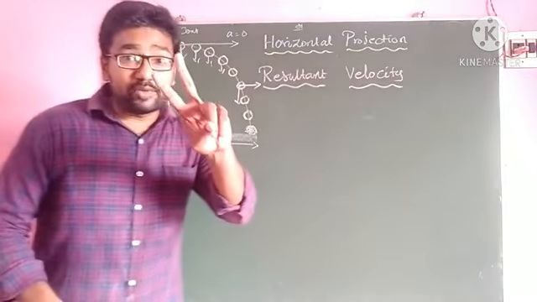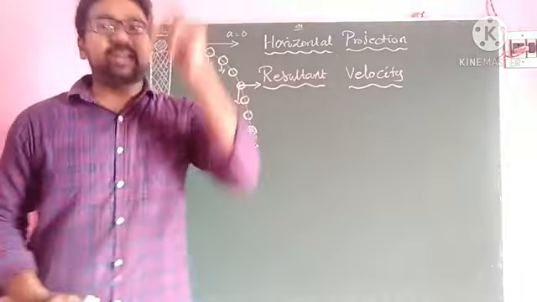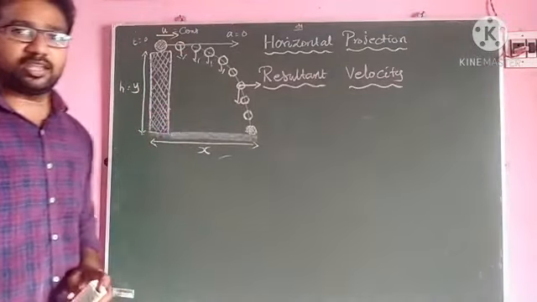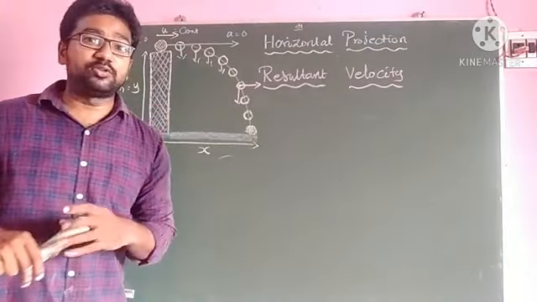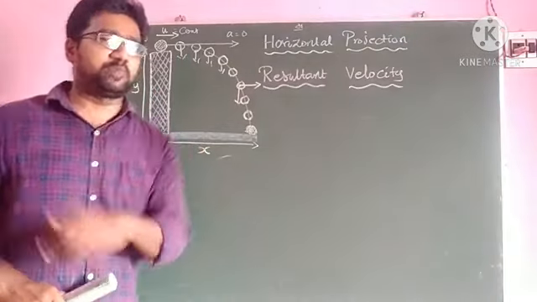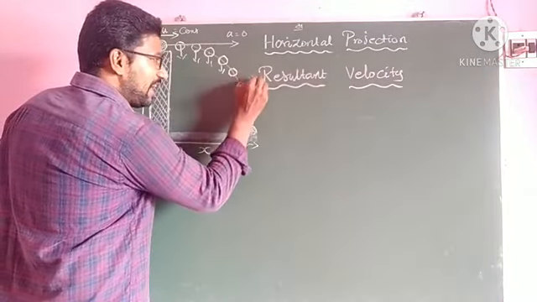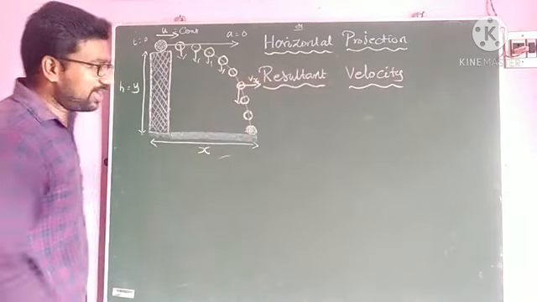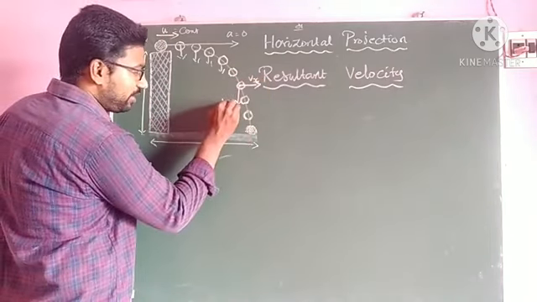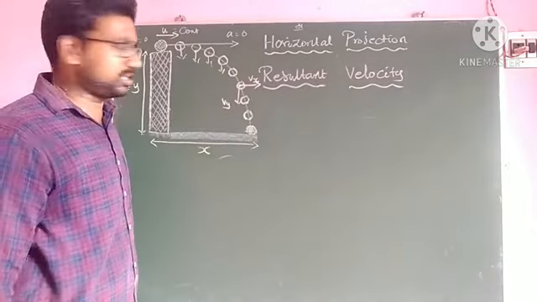Sir, when two vectors are traveling at an angle, find out the resultant velocity. Yes, sir, I know very well, by using the triangle method and then the parallelogram method. So here I am going to use this as the x component of velocity, Vx, and this one as Vy, the vertical component of velocity.